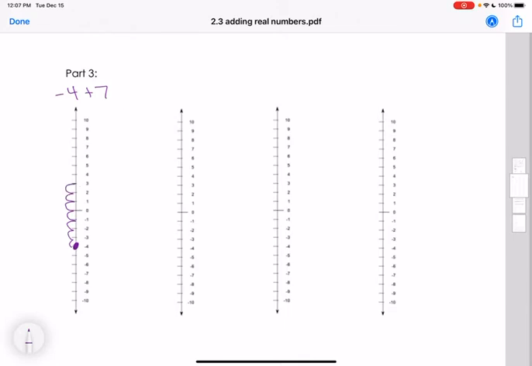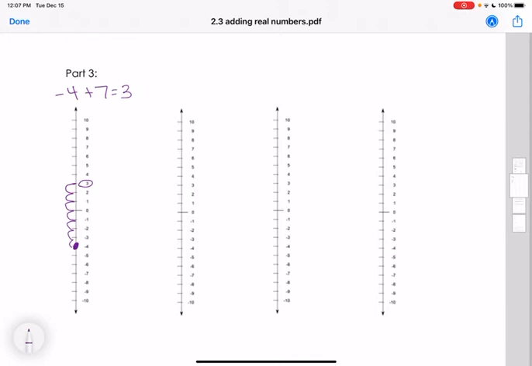Where did we end up? We ended up at 3. So -4 plus 7 equals 3. And again, like I said, a lot of people like to think of the positives and negatives in terms of money. So if you're in the hole $4 and then you get 7, you end up with 3 because you had to pay off those $4 first, leaving you with only a +3.